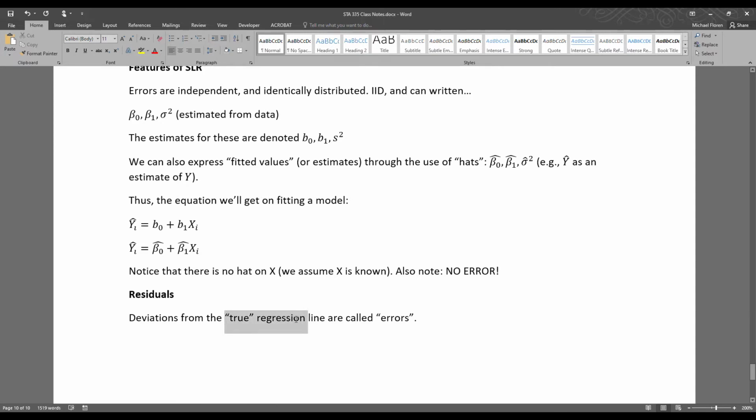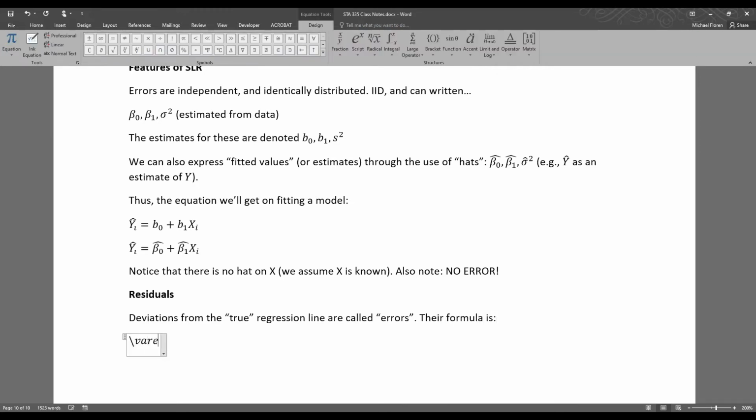So even if I have the line from all of the data, deviations from that line are going to be called our errors. Their formula is just this epsilon character, and this is what we had before, and we calculate that by just taking the difference between our actual value and the predicted value.